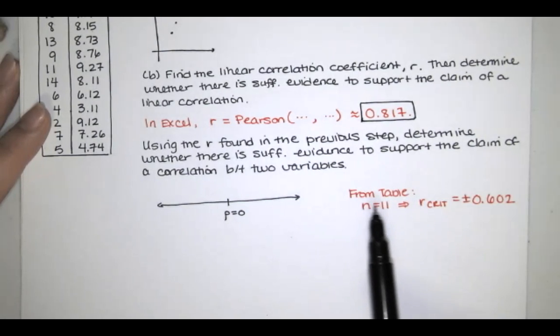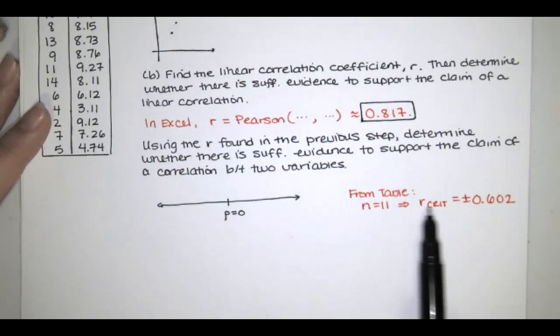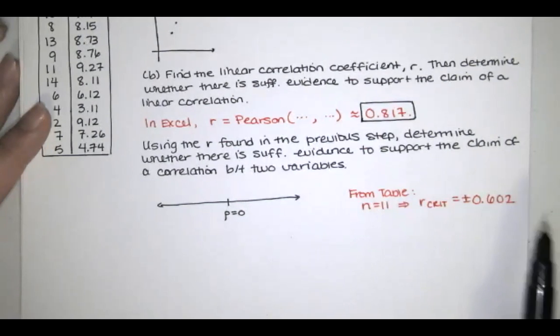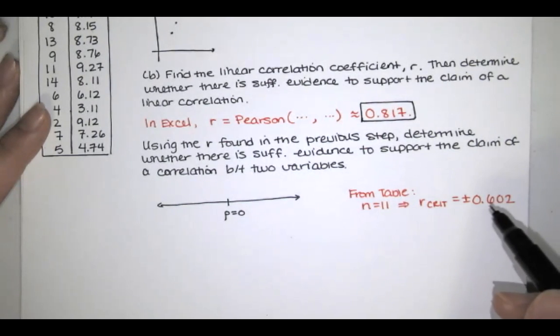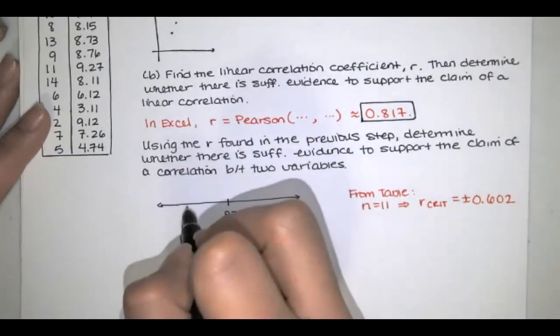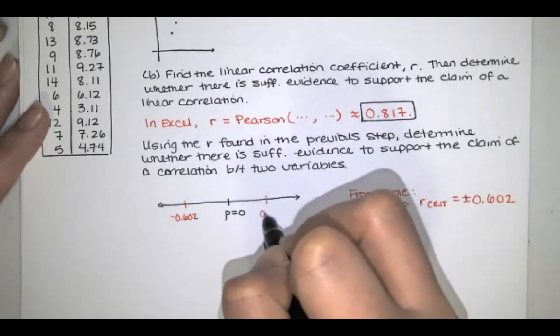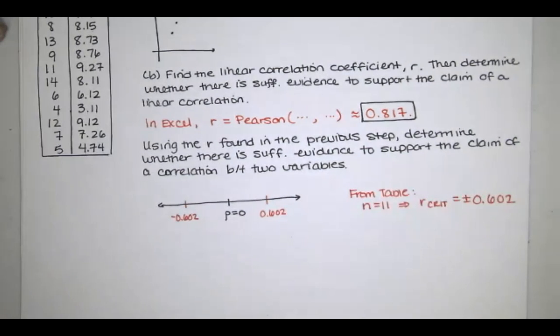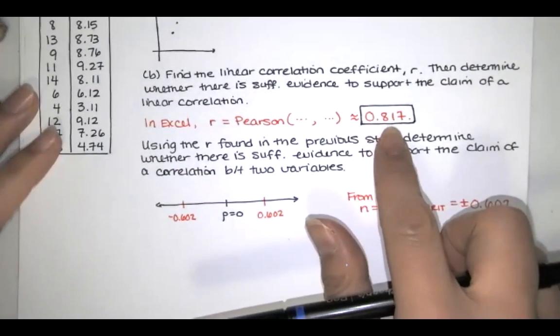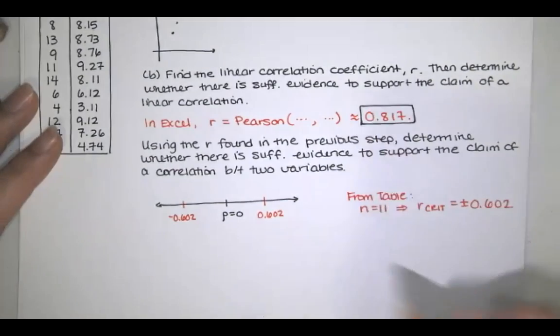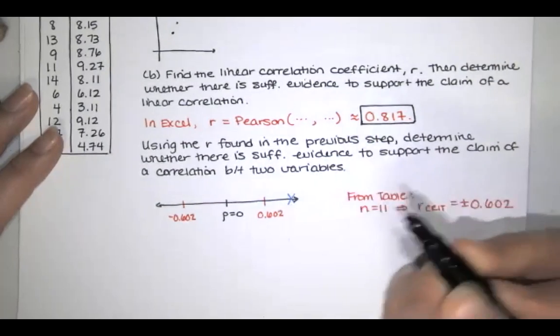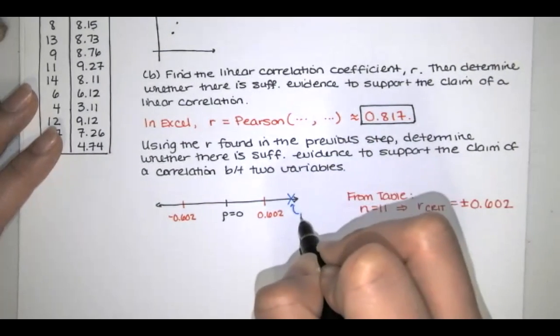So we use the table, and because we had a sample size of 11, we determined that we had two critical values of R equals plus or minus 0.602. So those values are here and here. And then the R value that we got using our sample data, that's our test statistic R, that's over here. That's definitely in this critical region.